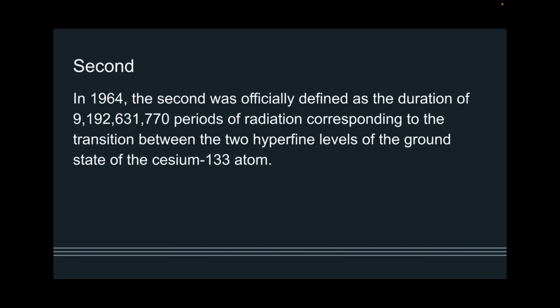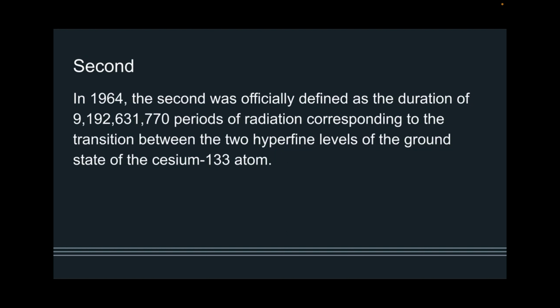And let's see the definition of second. In 1964, the second was officially defined as the duration of a huge number of periods. It's about 9.2 times 10 to the 9 periods of radiation corresponding to the transition between 2 hyperfine levels of the ground state of the cesium 133 atom.